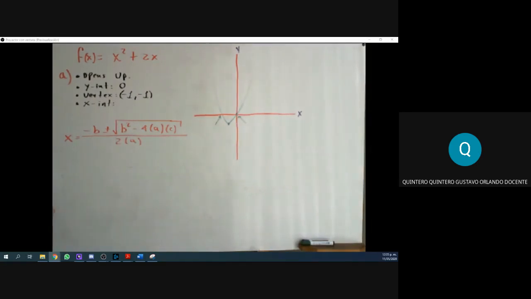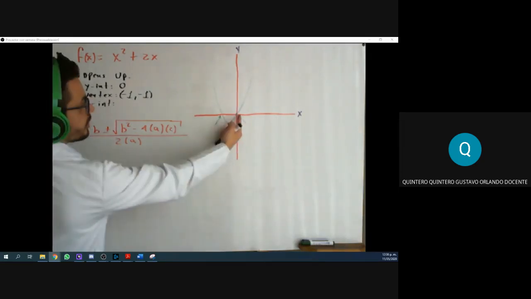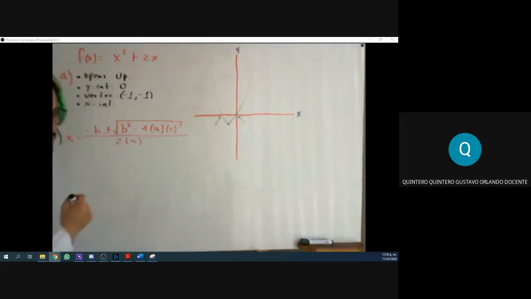All we have to do is replace the values of a, b, and c. We replace those values, solve for x, and we should have the two answers, 0 and something else that we don't know.